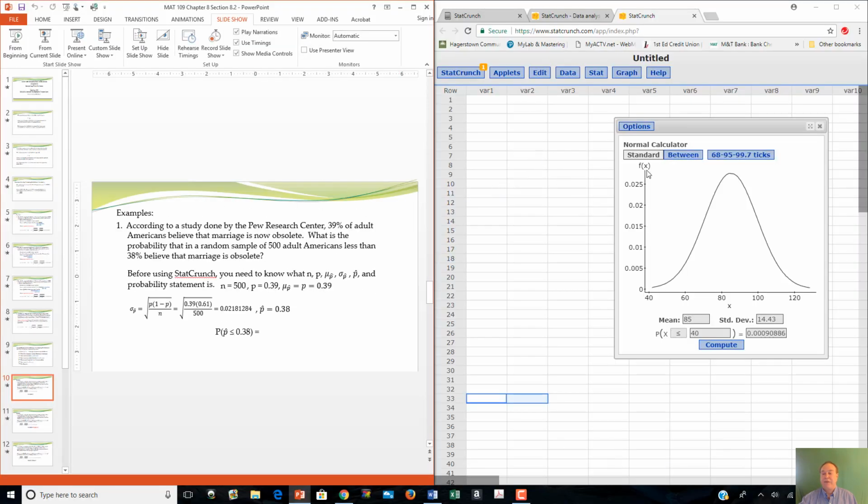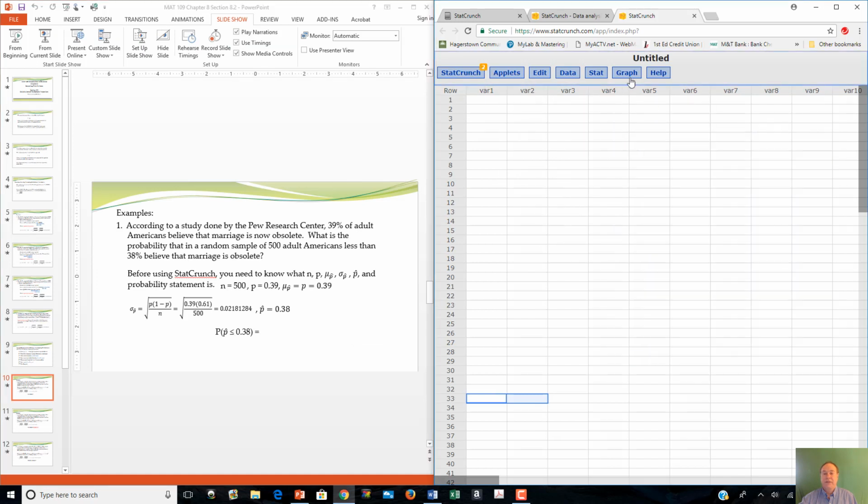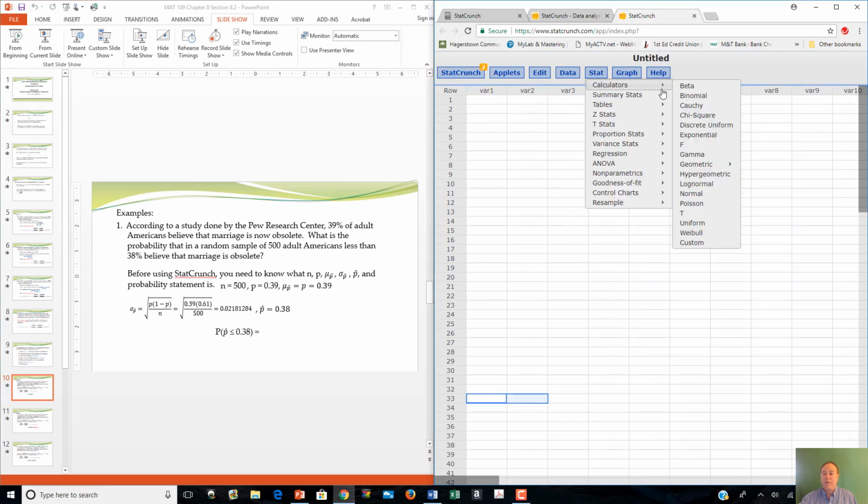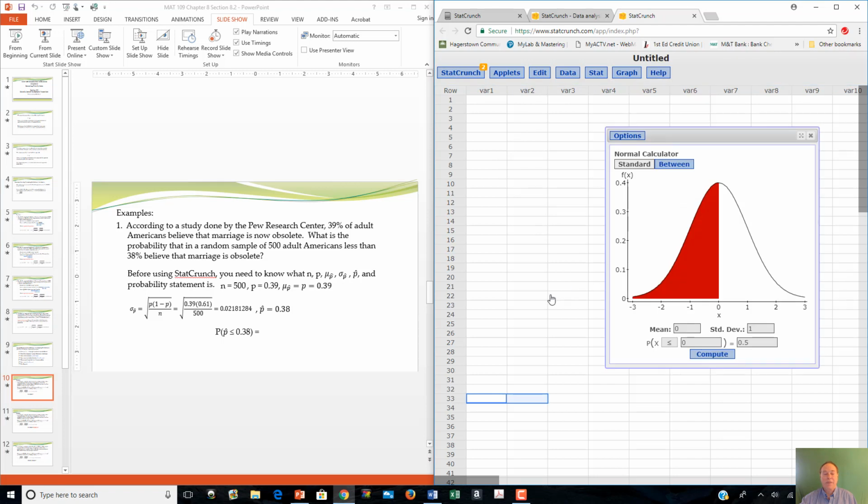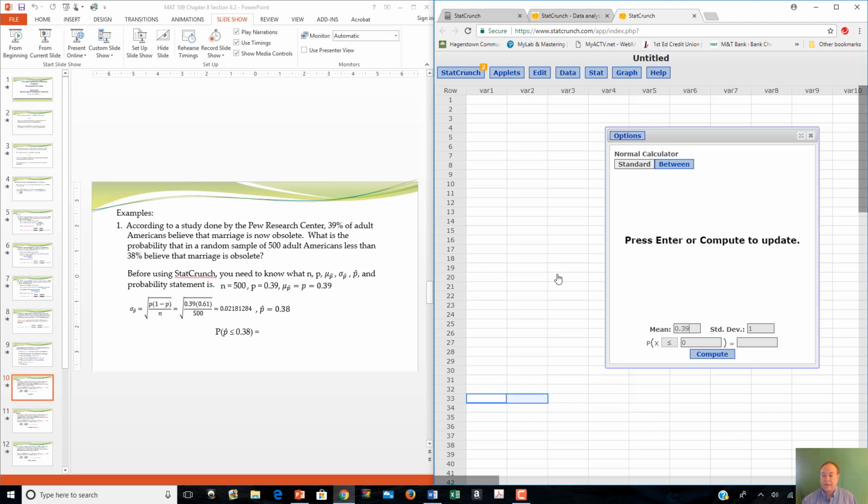All right, now over here, once again, you would open up your normal calculator. In this problem, the mean turned out to be 0.39. The standard deviation, and I would put in the entire standard deviation you get. Don't round off, because rounding will throw you off.